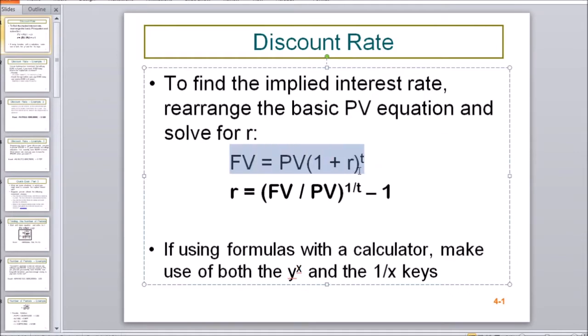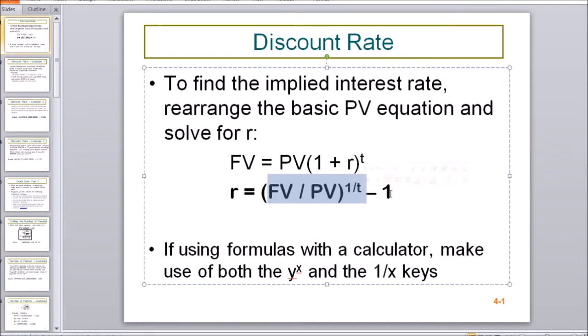You've learned all of this in the previous class, but using this same formula, we can actually derive the formula for the interest rate or the discount rate or the cost of capital, which is the ratio of future value to present value, all into the power of 1 over the number of periods, t, minus 1.